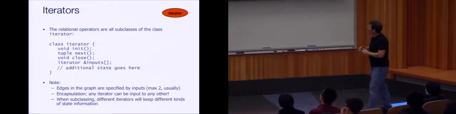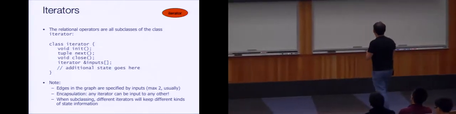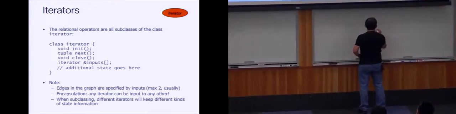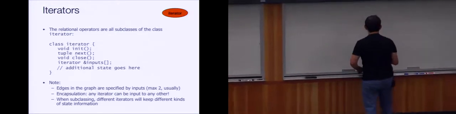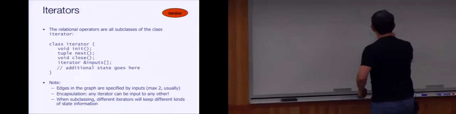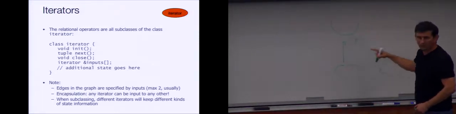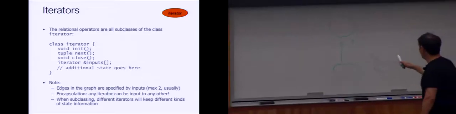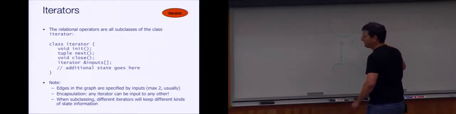Okay? And it's going to have an array of inputs, which is going to be able to represent something not only like this picture, which is the picture we saw in the previous slide, but maybe something that's more DAG-shaped or tree-shaped, where you have multiple inputs to that iterator. So there'll be an array of inputs to the iterator, sort of left to right. What are all my input flows?